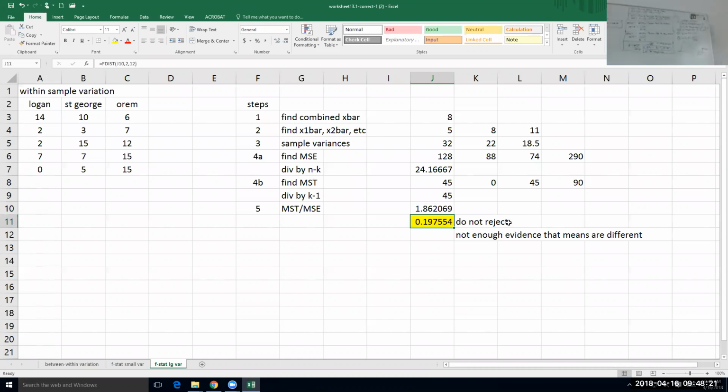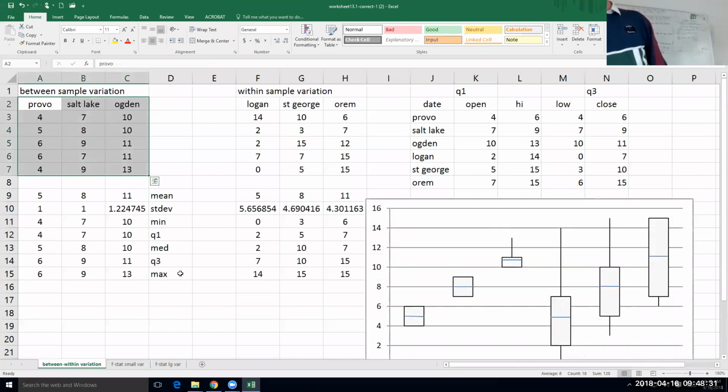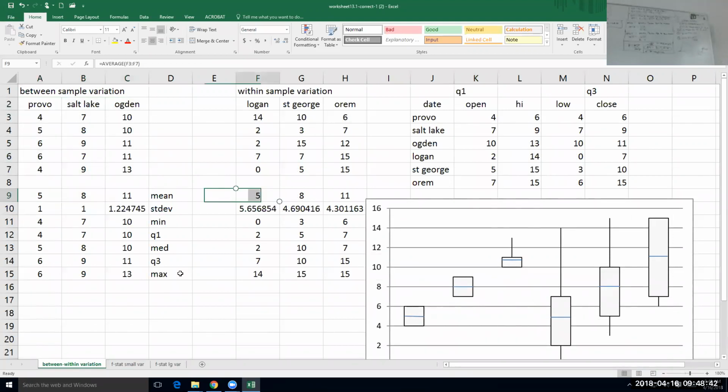What does 0.19 mean? Do not reject. There is not enough evidence. Now let me go back here. Let's just look at these again. Remember the first time, 5, 8, and 11, we said those are different and they look different. Now we've got 5, 8, and 11, exact same values.